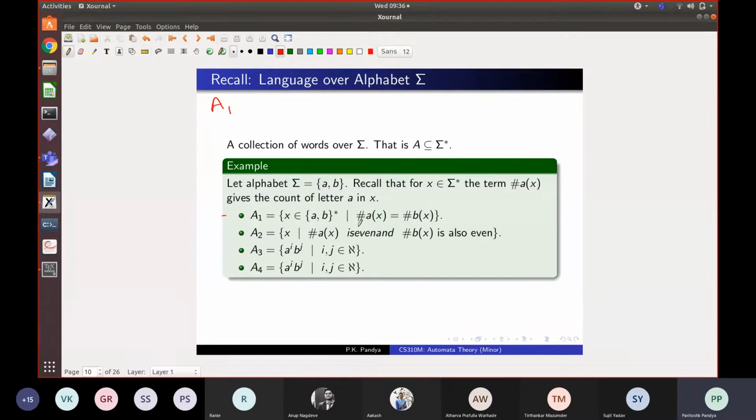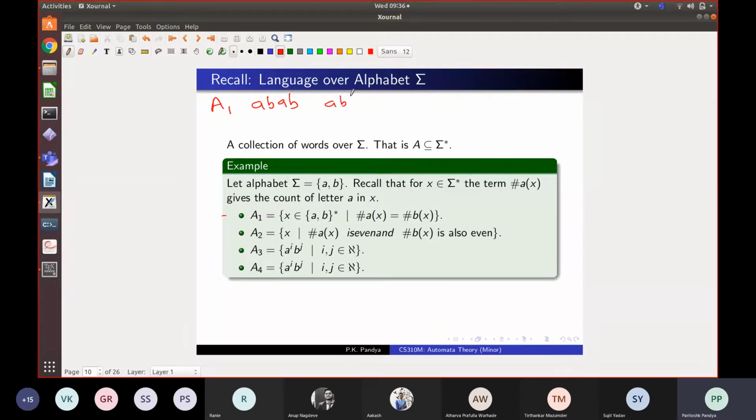This kind of set builder notation with a condition on the occurrence of letters in the word is the way in which we abstractly define languages. So what are some typical members of A1? AB will be in the language because the count of A is 1 and the count of B is also 1, and these are equal.